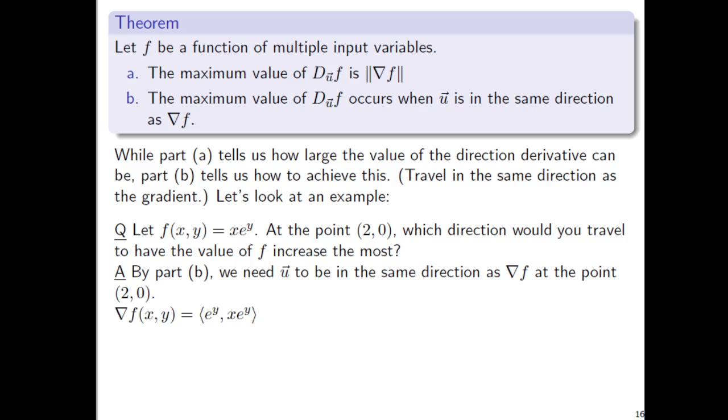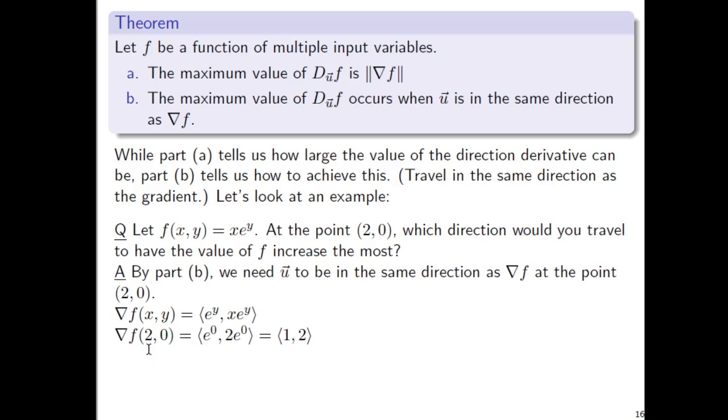So here's the gradient: the vector e to the y comma x e to the y. Let's now evaluate this at 2, 0. Replace every x with a 2 and every y with a 0, and we get the vector 1 comma 2.